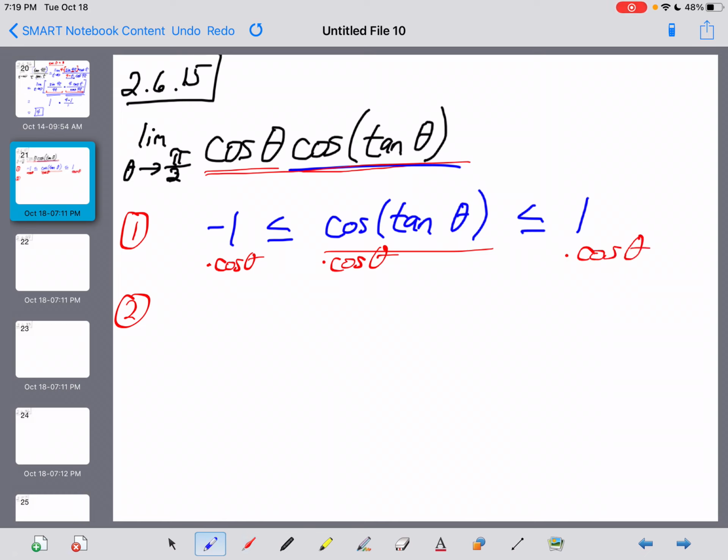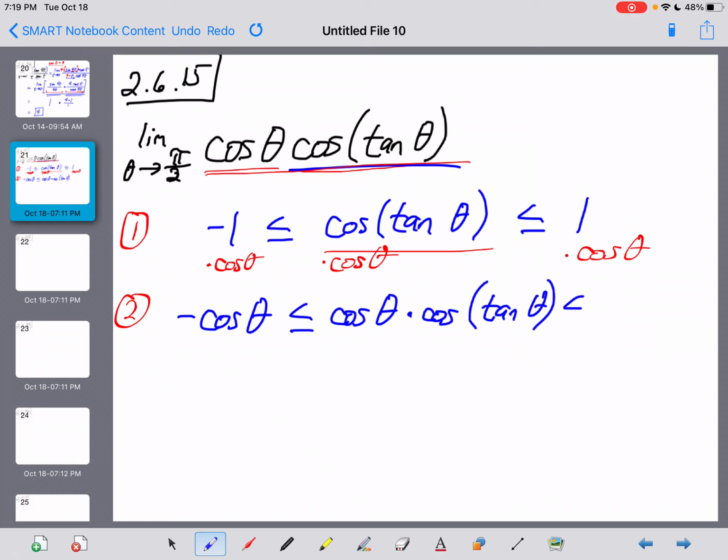So here we go. Our left side now becomes the opposite of cosine of theta, needs to be less than or equal to, and the middle part is now cosine of theta multiplied by the cosine of the tangent of theta, which has to be less than or equal to just cosine of theta here on the right-hand side. So step number two is done.